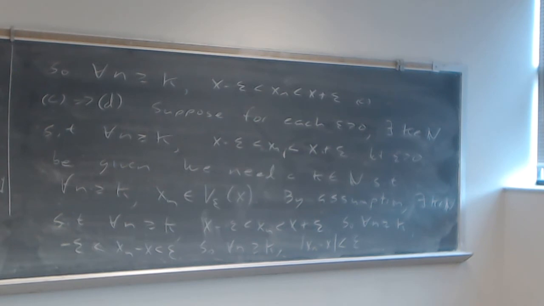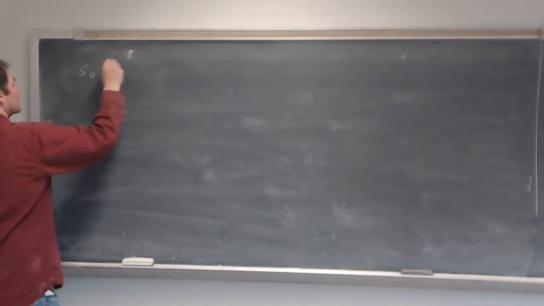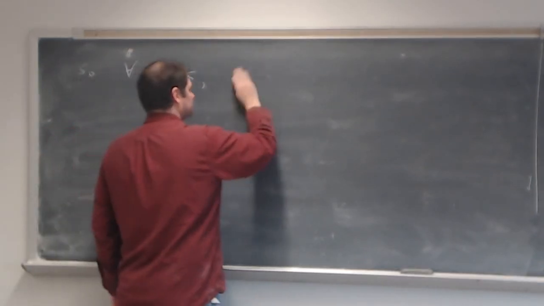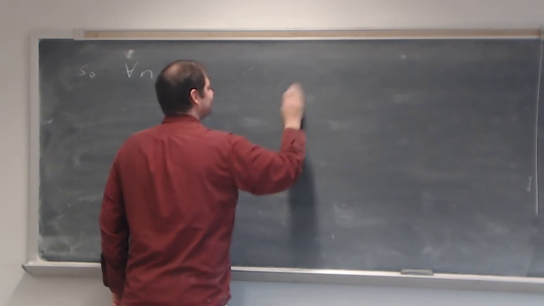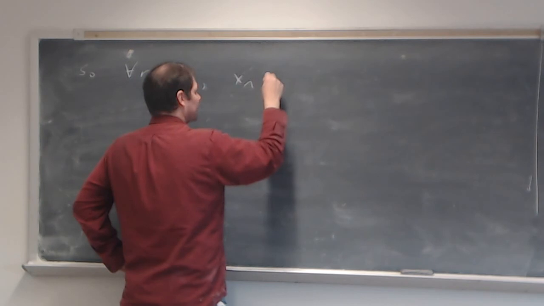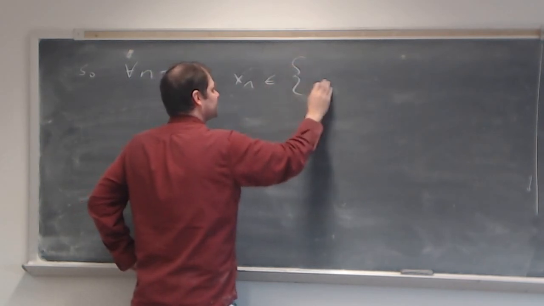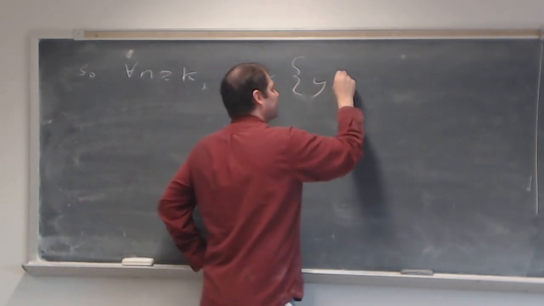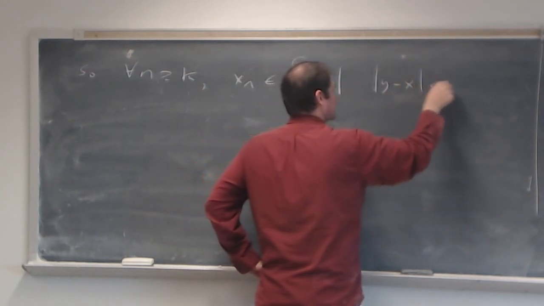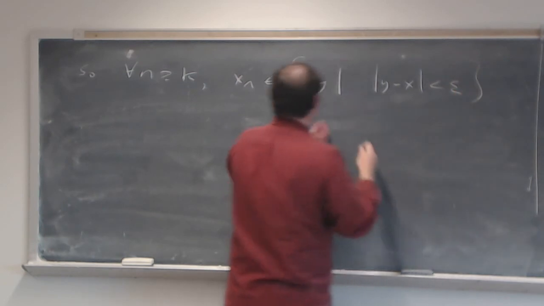So here's what I'll write. For all n bigger than or equal to k, x of n is an element of the set of all real numbers y such that the absolute value of y minus x is less than epsilon. What am I talking about here?